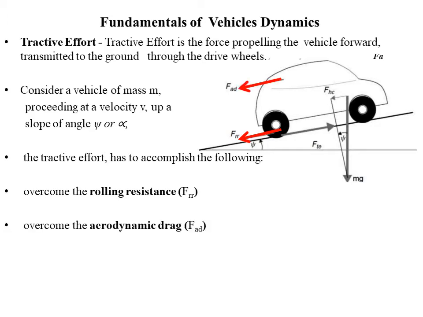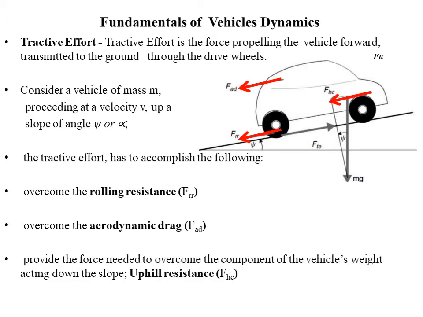Now next is the aerodynamic drag force. It is again a resistive force, and this force, which is represented by FAD, is due to the opposition of the friction which the surrounding air or wind provides against the vehicle. And then comes FHC, which is called the uphill resistance force, hill climbing force, or grade resistance force.